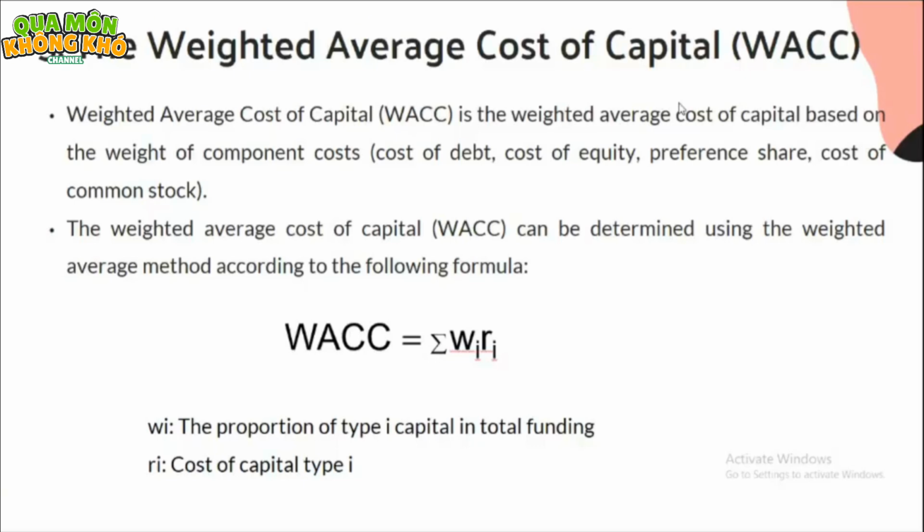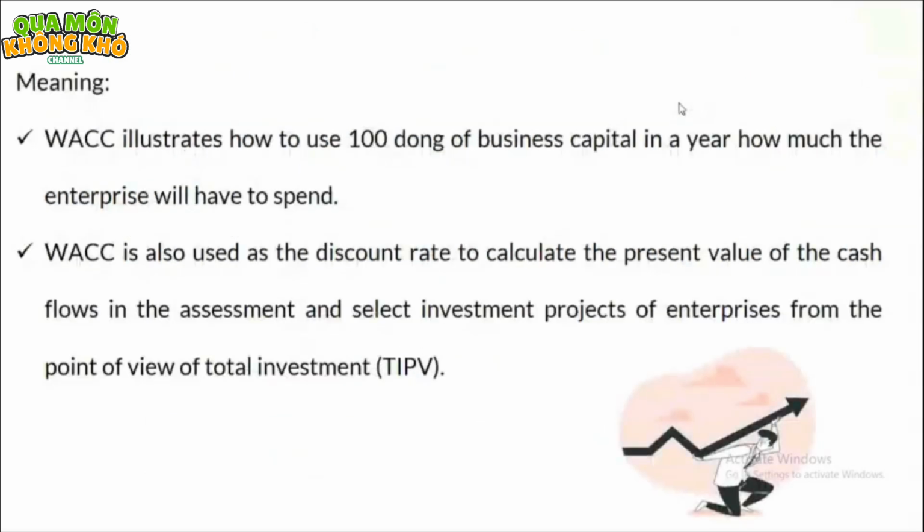So I will go to the meaning. The meaning of WACC is, to use 100 Vietnam đồng of business capital in a year, how much the enterprise will have to spend. And WACC is also used as a discount rate to calculate the present value of the cash flow in the assessment and selection of investment projects of an enterprise.